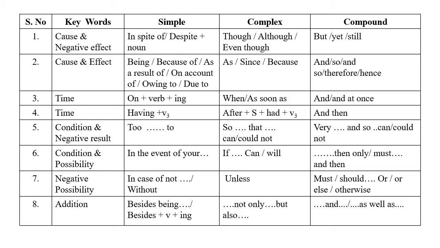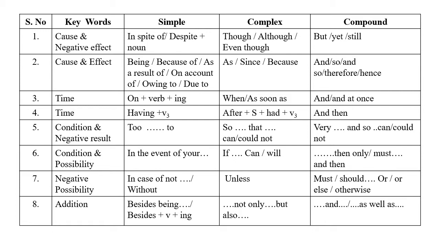The fifth type, condition and negative result. To, so that, can or could not, very and so, can or could not. Condition and possibility: in the event of, your, if, can or will, then only, must and then.